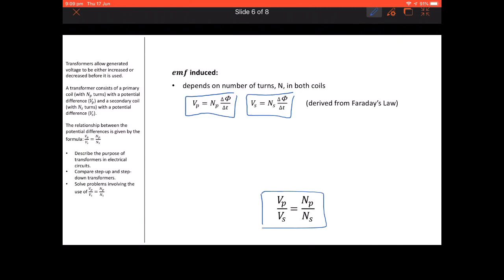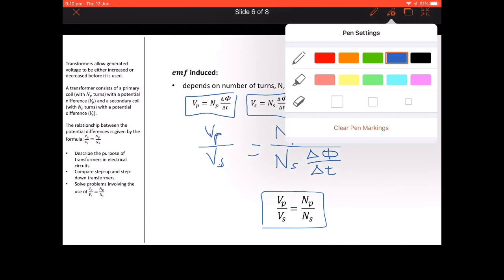If we were to make a ratio of these sums, we'd end up with V primary, the voltage in the primary coil, over voltage in the secondary coil, and that would be equal to the number of turns in the primary coil multiplied by the rate of change in flux, divided by the number of turns in the secondary coil, also multiplied by the rate of change in flux.